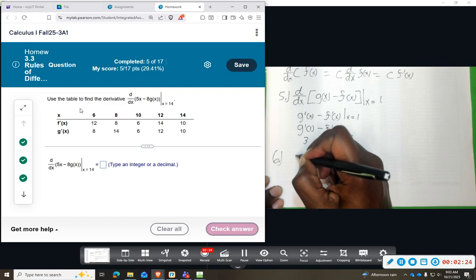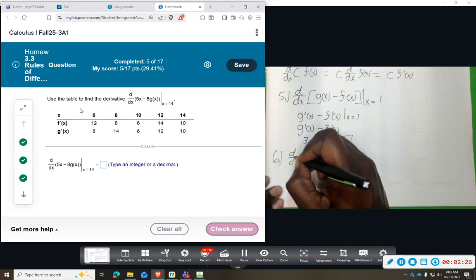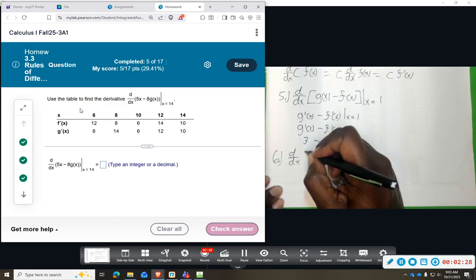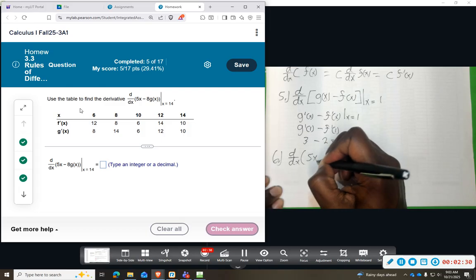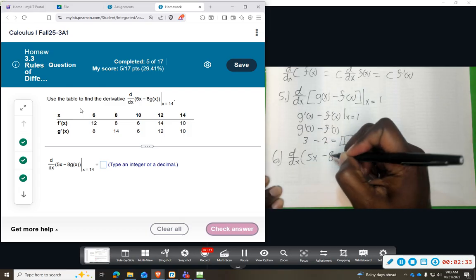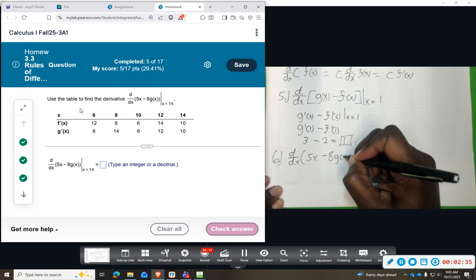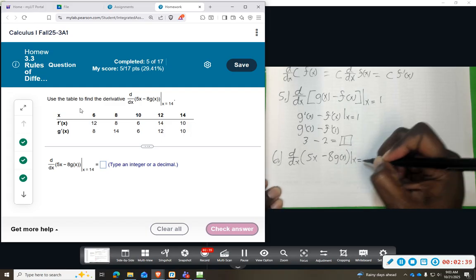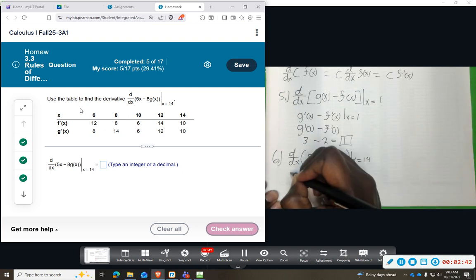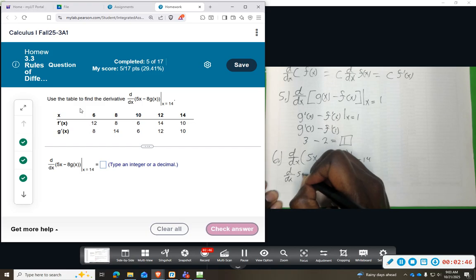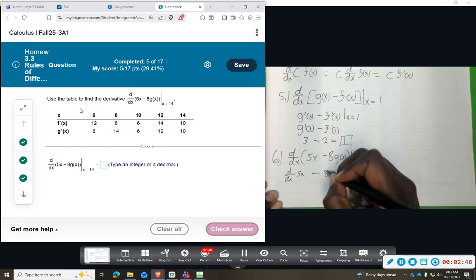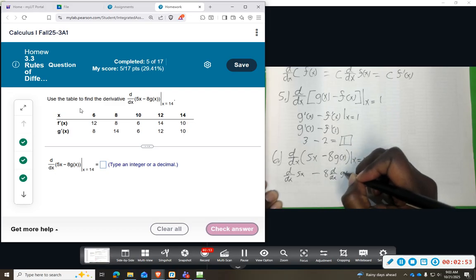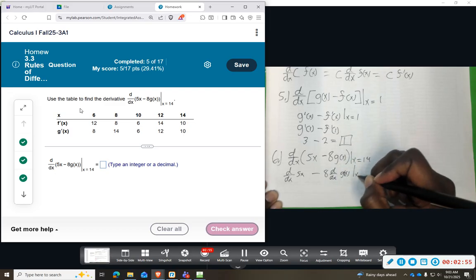So we want to do the derivative of 5x minus 8 times g of x, evaluated when x equals 14. All right. We're going to pull the 8 out. And again, we're evaluating x equals 14.